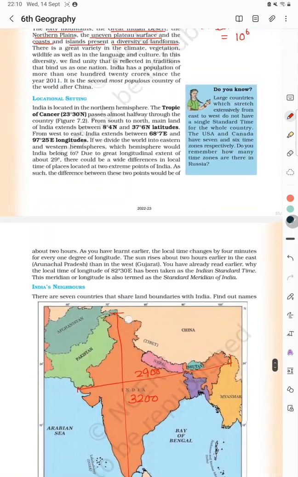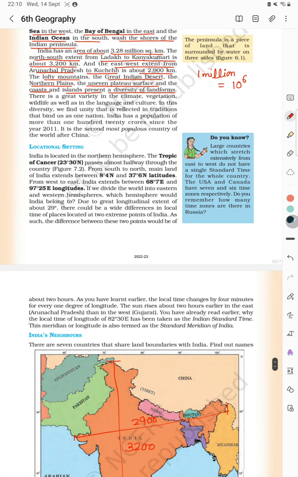So we have diversity of landforms. There is a great variety in the climate, vegetation, wildlife, as well as in the language and culture. In this diversity, we find unity that is reflected in traditions that bind us as one nation.